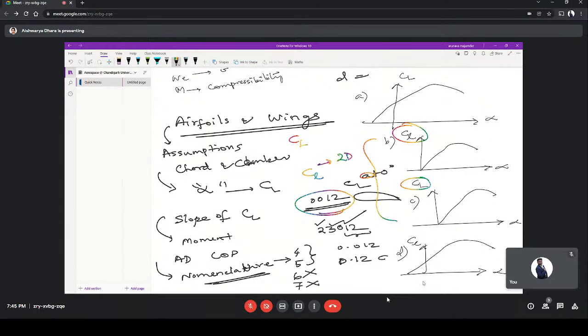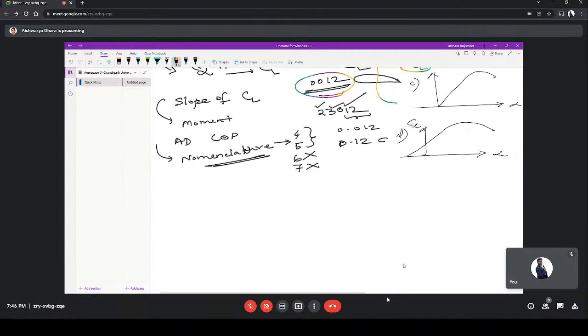Now, moving forward to another very application-based question, like they might ask: there is a glider which is flying at Mach number 0.3, and you have to choose among different airfoils for this glider. Options are NACA 0009, right?